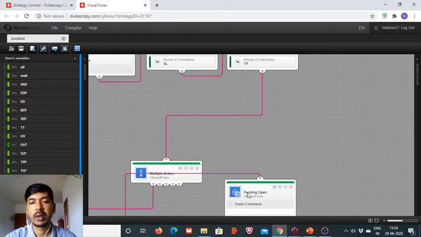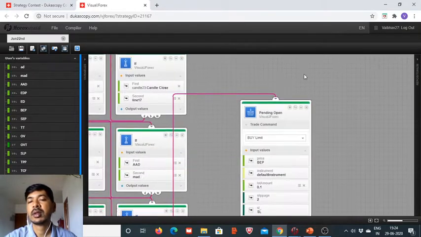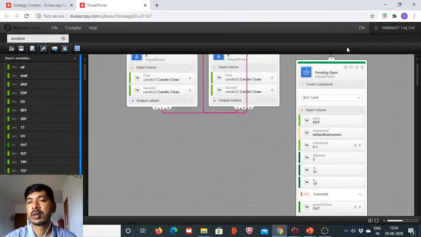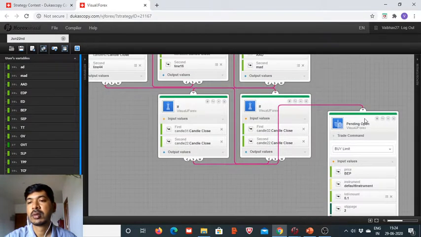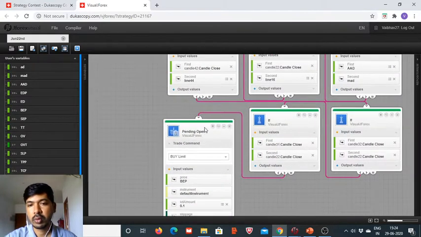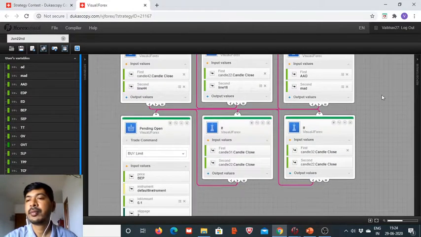As we have color coded the flow, we have finally this pink thread connecting all of our blocks. Now we move on to the sell side, and for the sell side requirements I will explain to you on the chart.